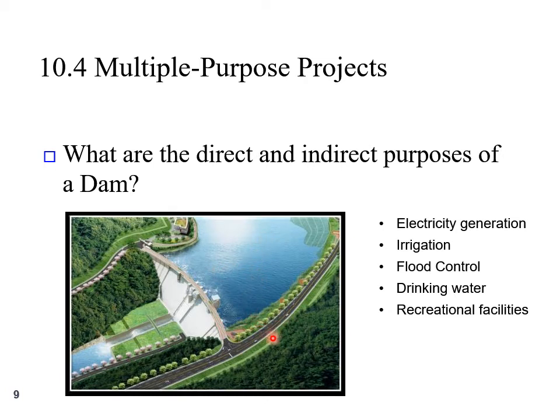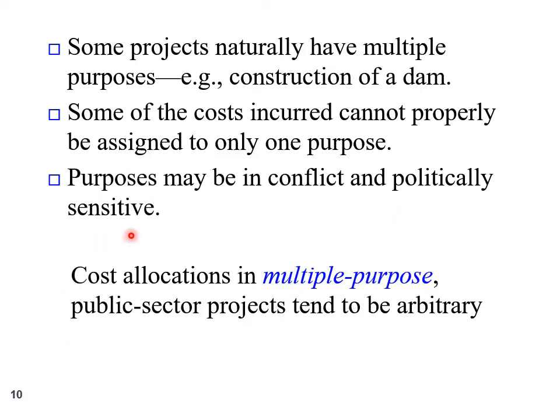And also we may have recreational facilities around the dam for fishing, for kayaking, okay, for different purposes. These can be different purposes of constructing a dam. Usually governmental projects have such multiple purposes.